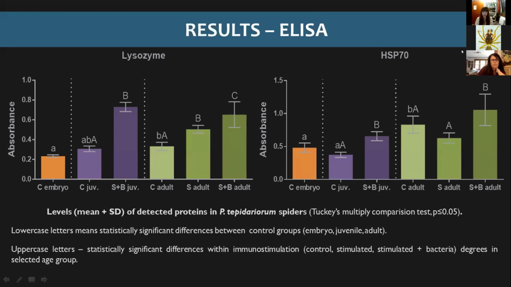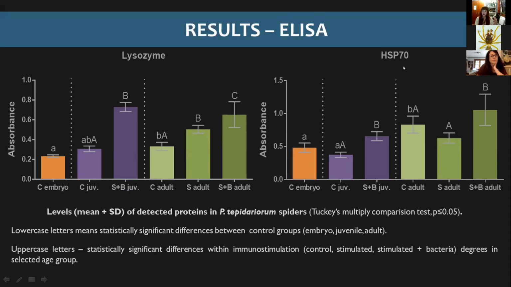And results from ELISA tests, that test is both quantitative and qualitative. So we know that lysozyme is produced at the highest level in stimulated and bacteria-infected spiders, and it's both in adult and juvenile Parasteatoda tepidariorum spiders.